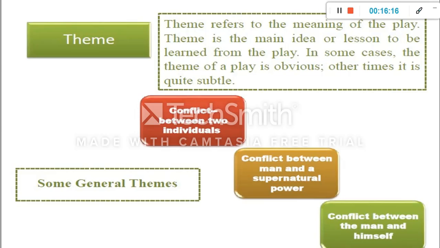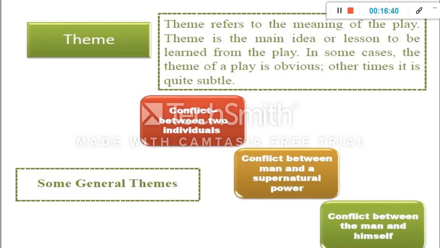It is the idea or lesson that the audience learns by the end, at the resolution of the play or the literary work.